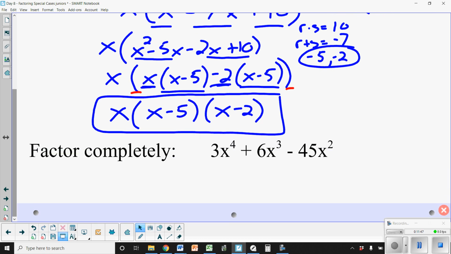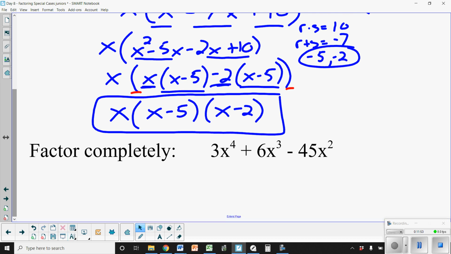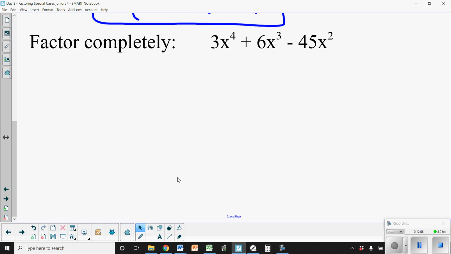So not only can we just factor out a variable like we did in that first one, but sometimes we can also factor out a number as well. So notice that 3, I'm having troubles here trying to extend the page. All right, so we have 3x to the 4th plus 6x cubed minus 45x squared.